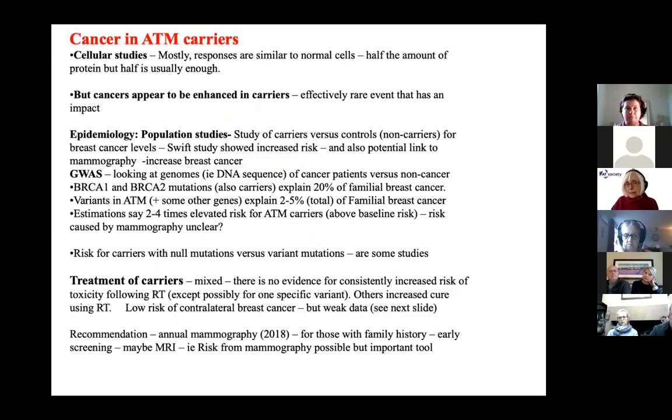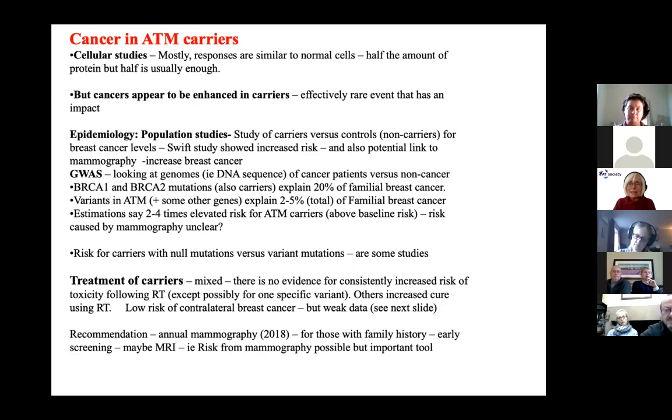Most of the cellular studies that are done would say there's enough ATM protein to do most of the things, even if you've only got half the amount. When we look at various aspects in the lab, using the cells from carriers, we can't see any difference. If you've got a really sensitive assay, you can see half the amount of that tagging of the protein, but that may not have very much relevance.